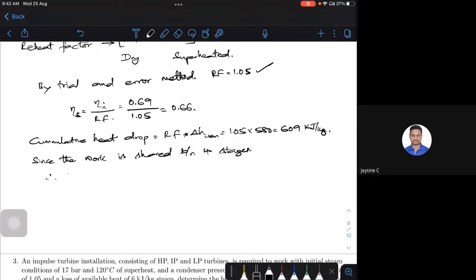Therefore the isentropic drop per stage is equal to 609 divided by 4. How many stages you have, that many stages. Here it is 4. So roughly I'll be getting around 152.5 kilojoules per kg.